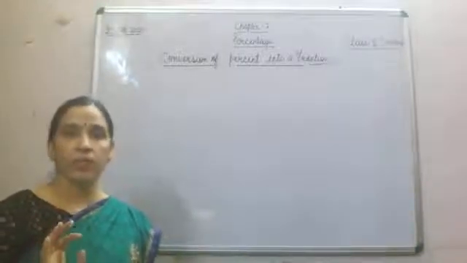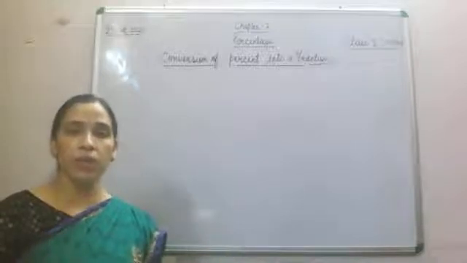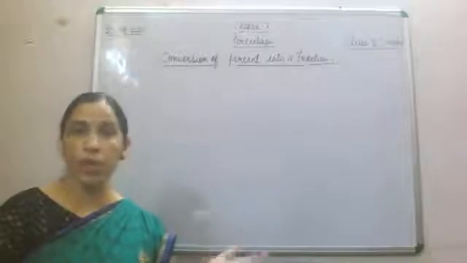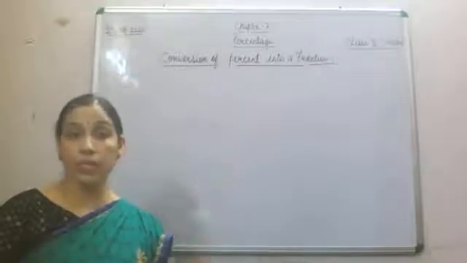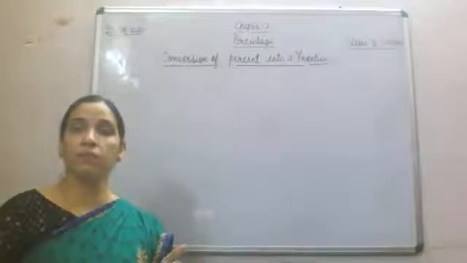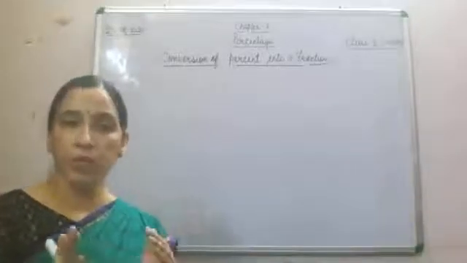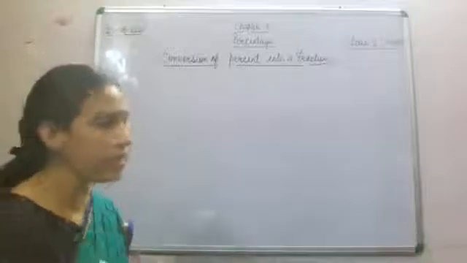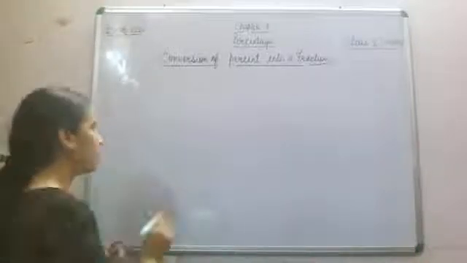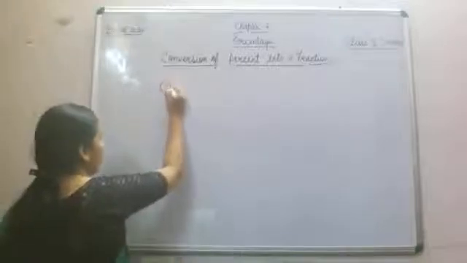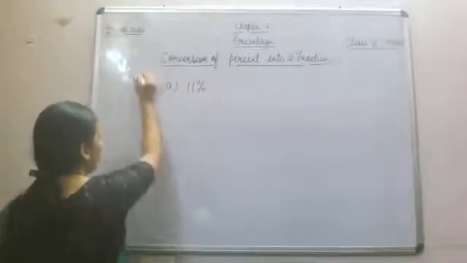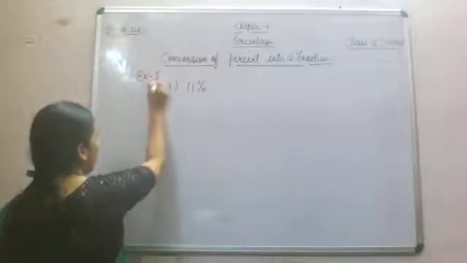Whatever we were doing earlier, a number which is divided by 100 is given to you and we were writing it as a percentage. But here the number is already given in percent, so we'll remove that percentage symbol and put 100 in the denominator. For example, you have been given 11%. This is your first example in your book.